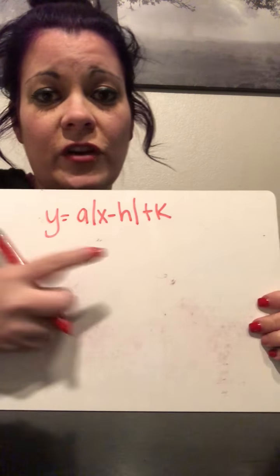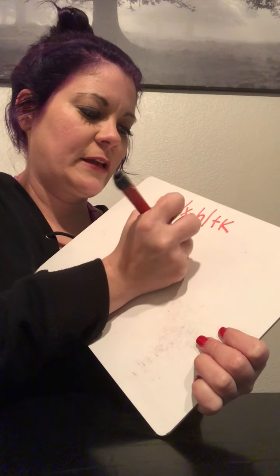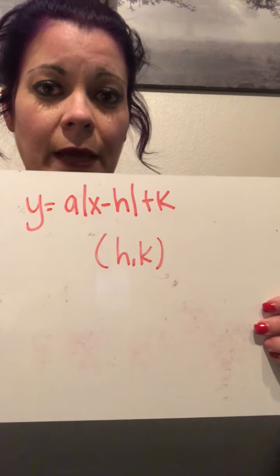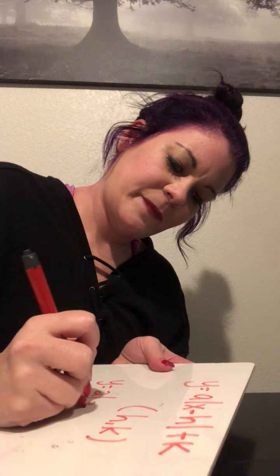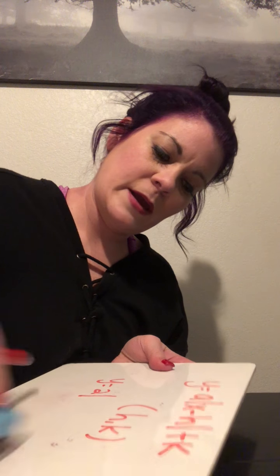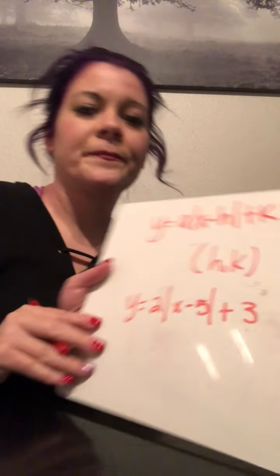Oh, let me teach you one more thing. When it's written in y equals a times the absolute value of x minus h plus k, where the coefficient of x is 1, your vertex is going to be (h, k). So for example, y equals 2 times the absolute value of x minus 5, plus 3.